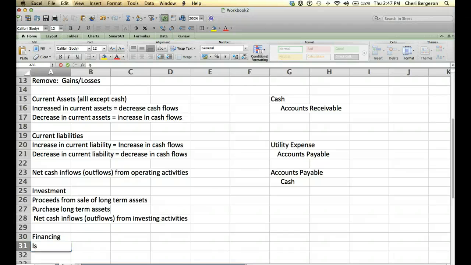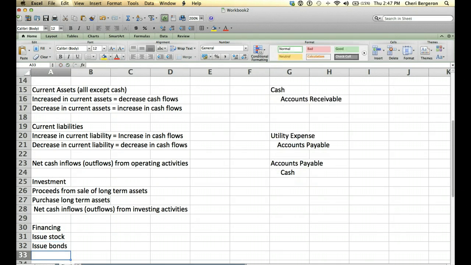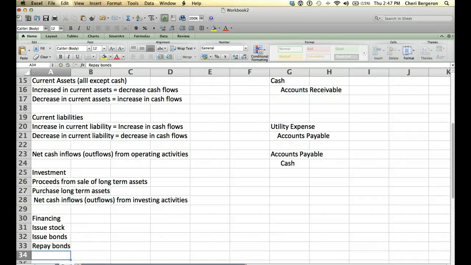All right, so if you issue stock, you're going to increase it by the proceeds, the total amount that you got for issuing that stock. If you issue bonds, you're going to increase your cash by the issue price of those bonds, how much you got for it. If you repay bonds, you'll decrease your cash by that amount.